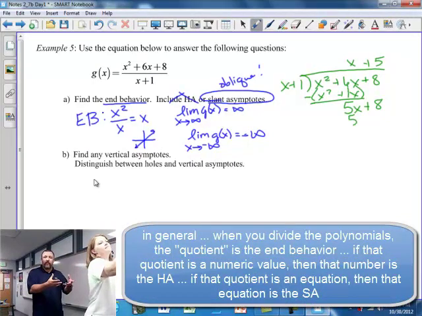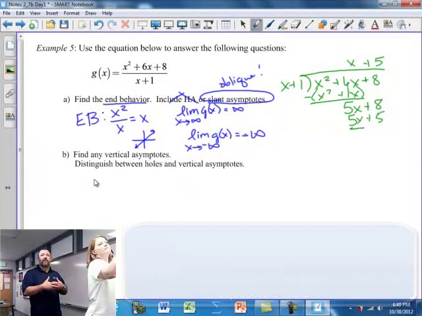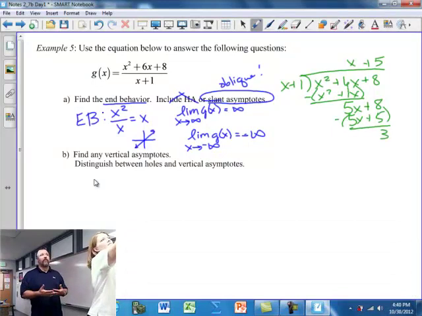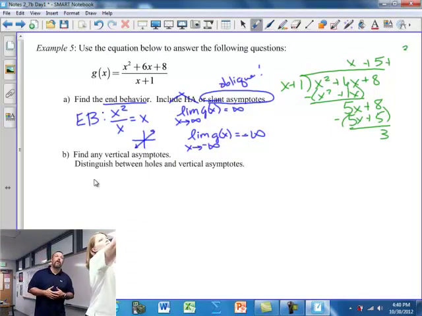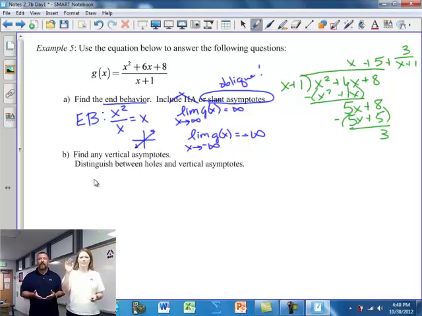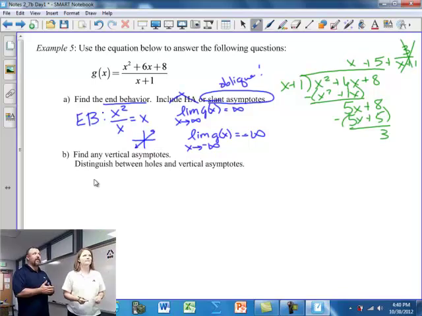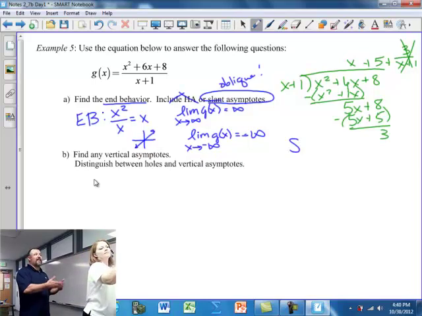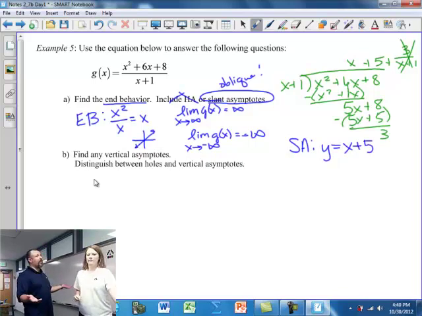When you do the division, the quotient is where the function will be approaching as x goes to infinity, because the remainder will simply go to 0. 3 over x plus 1 will go to 0 as x goes to infinity, so the function will approach x plus 5. X plus 5 is a line. We call it a slanted asymptote that this graph for g of x will approach.